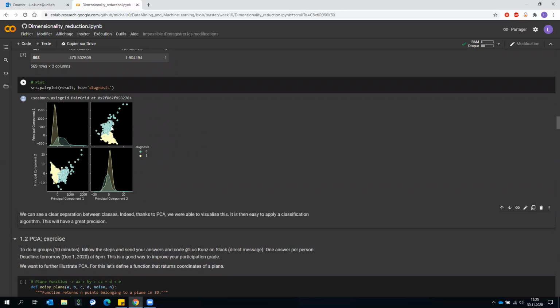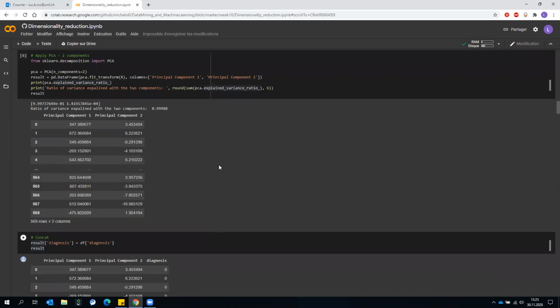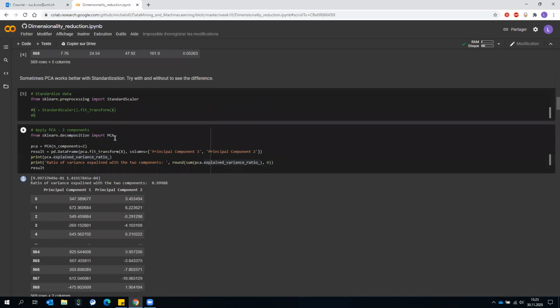So it is first useful to visualize it, but also then to apply any classification algorithm. We can separate data quite easily, and we will have a high precision. So that's it. We create an instance of PCA, and we fit transform the data, and then that's it.